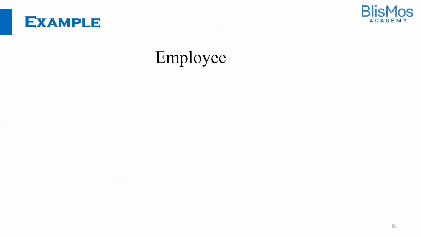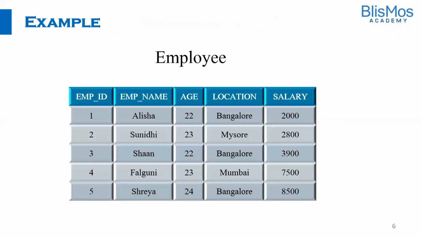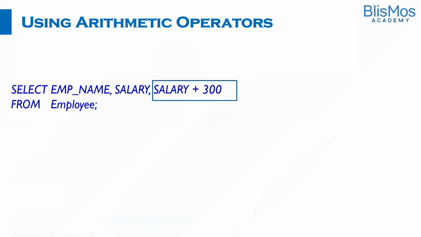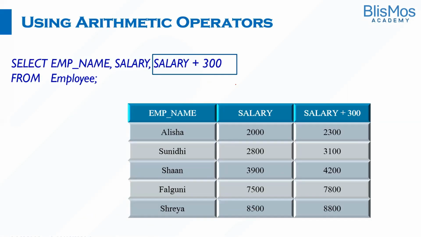Let's take an example here. We have an employee table with 5 attributes: employee ID, name, age, location, and salary. Let us use this table and understand the arithmetic operators. Assuming that you want to add an increment of $300 to the existing salary, what you can do is say salary plus 300.